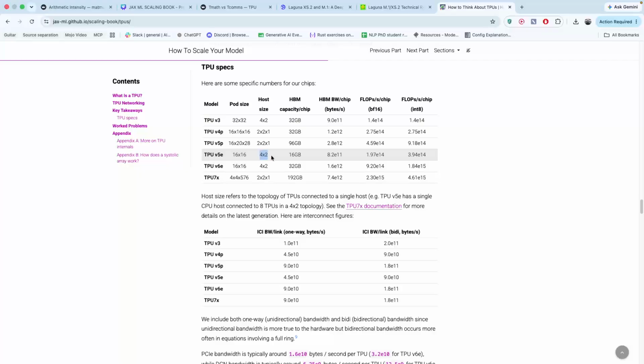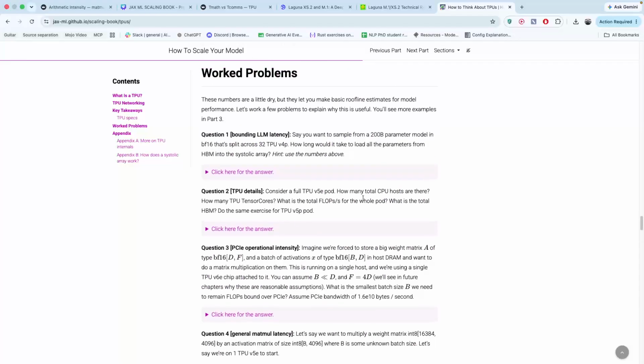So hosts basically manage those TPUs. You can think of the host as the CPU for a TPU. And you have 4 comma 2. So the first question is, how many total CPU hosts are there?